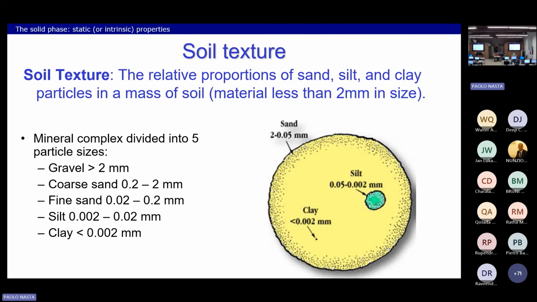The soil texture is defined as the relative proportion between sand, silt, and clay. As you can see on the left in black, you can see, for instance, the classification of the USDA association. And so you can see that sand is distinguished from silt and clay according to specific ranges in millimeters.